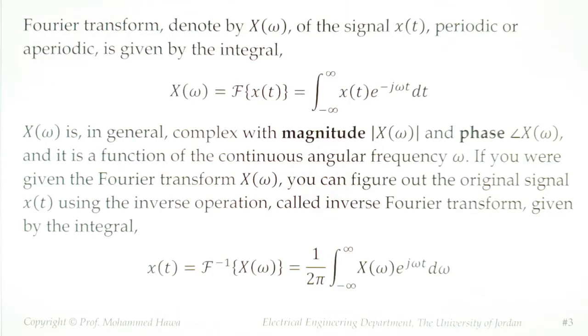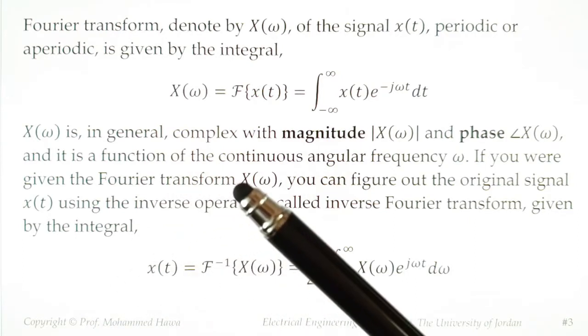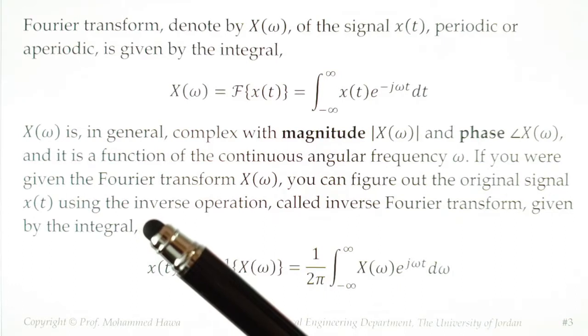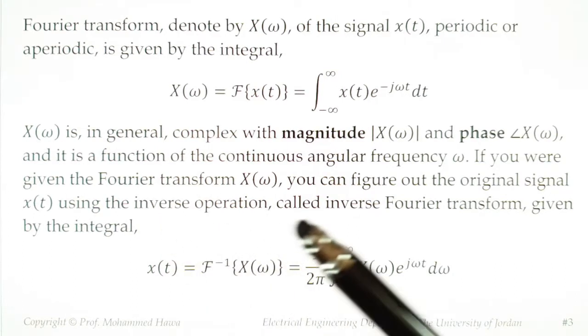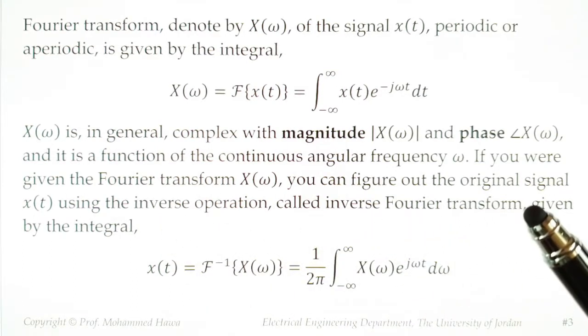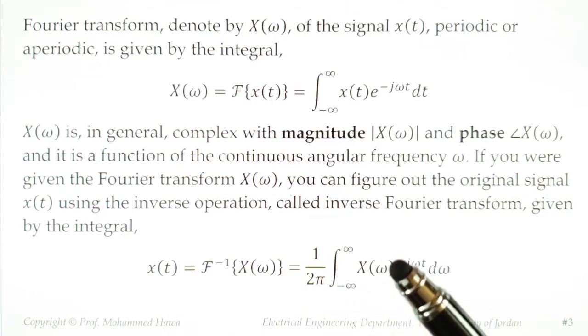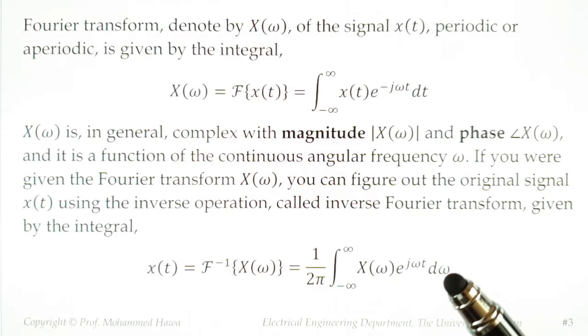By the way, if somebody gives you the Fourier transform X of omega, you can figure out the original signal x of t via the inverse operation, which we call the inverse Fourier transform. The inverse Fourier transform is this integral. Notice that x of t comes from capital X of omega if you apply the Fourier inverse integral, which is the integral of X of omega e to the j omega t d omega.